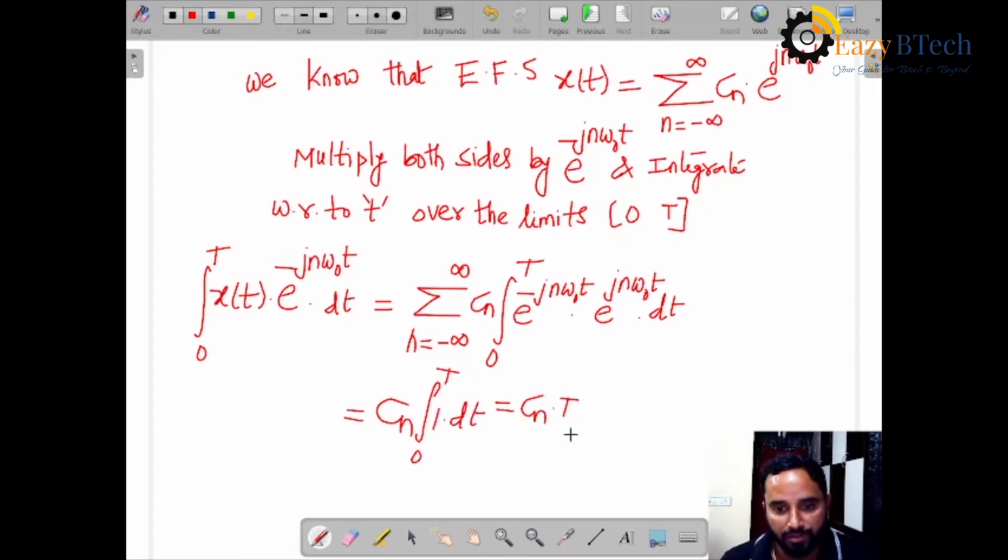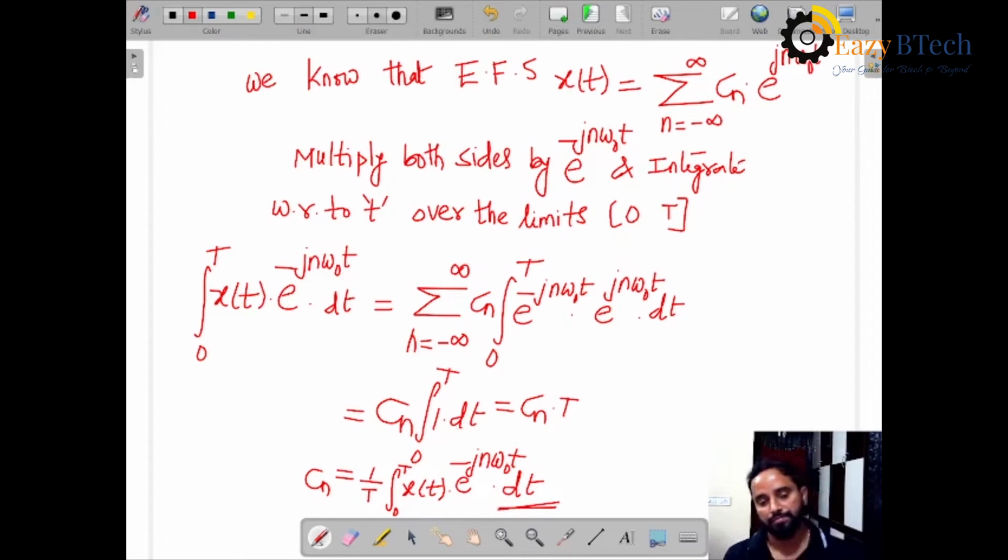On the right hand side we have Cn into T. We need Cn, so send T to the left side and you get Cn. So what is Cn now? Cn will become 1 by T integral 0 to T x of t into e to the power minus jn omega naught t dt. This is the formula of Cn, a simple formula.